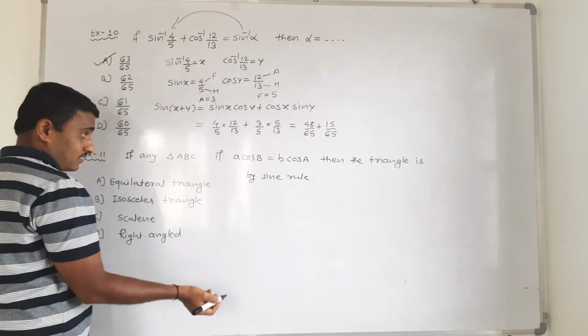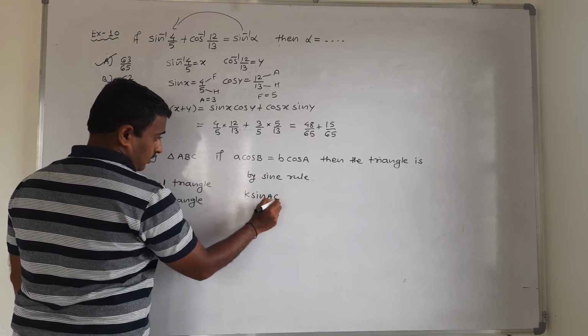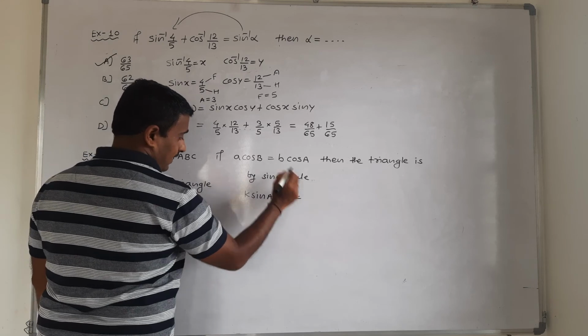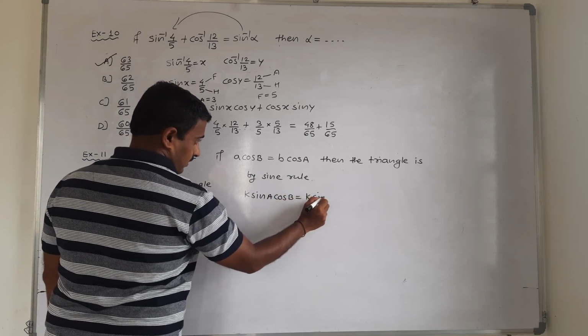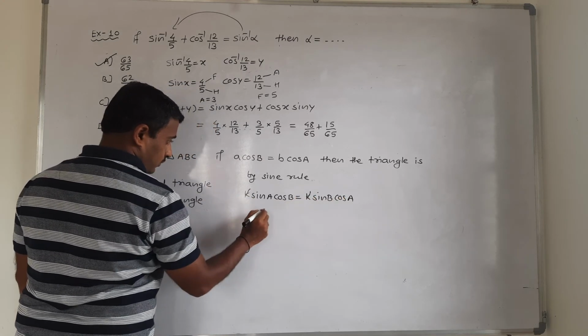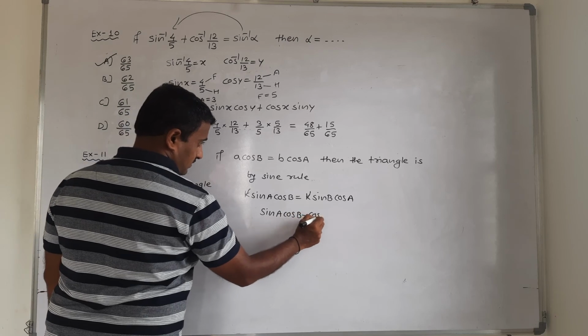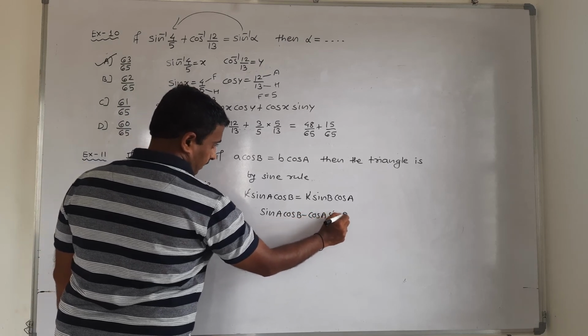That constant I take as k, then a is equal to k sin A. Therefore I write k sin A cos B is equal to b as k sin B cos A.